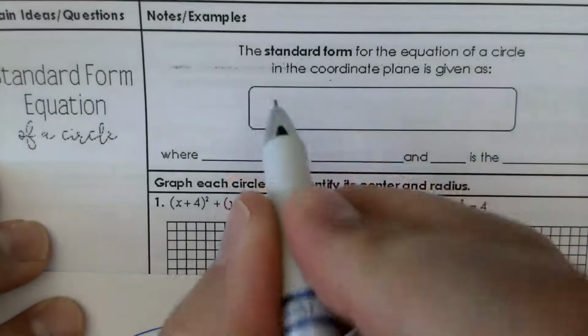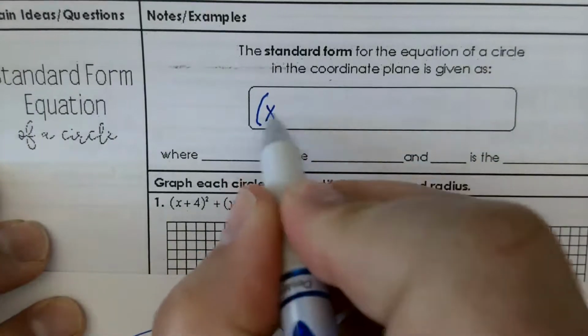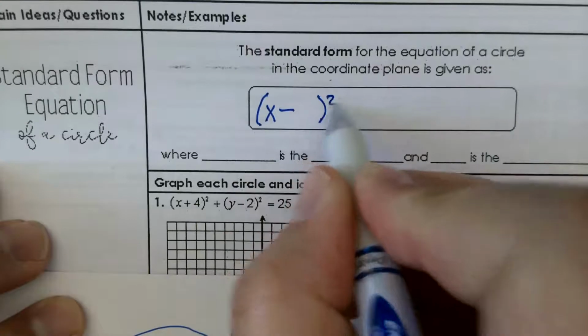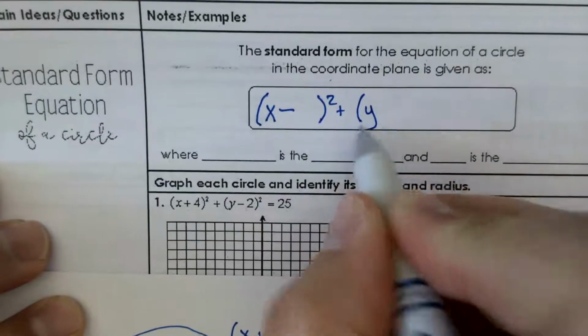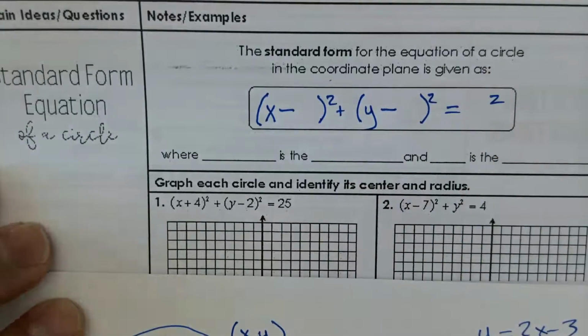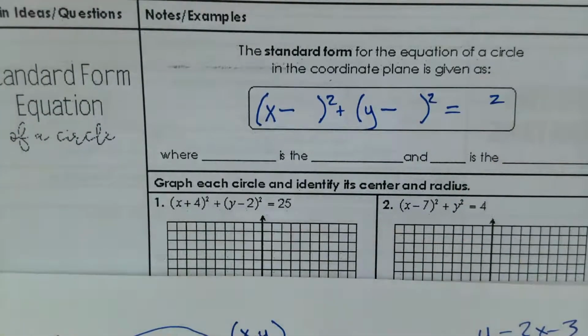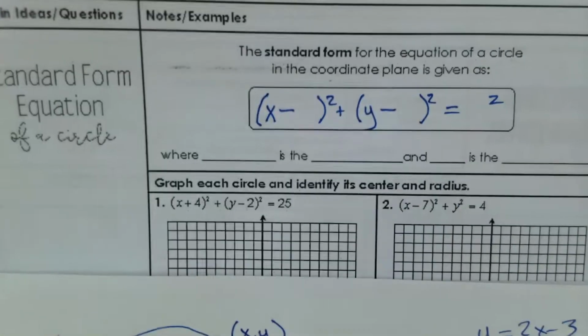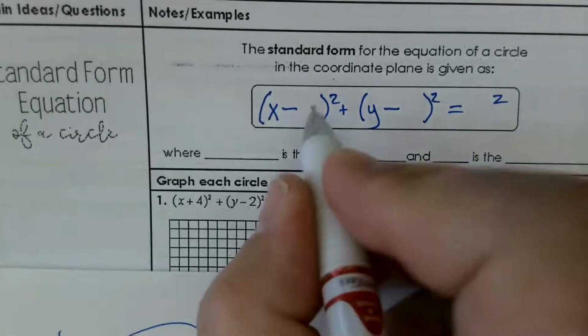Let's show how it works in the notes. So let's copy that here into the notes. If you have colors, I recommend that we keep these components separate because they're relevant. So (x minus blank) squared plus (y minus blank) squared equals blank squared.